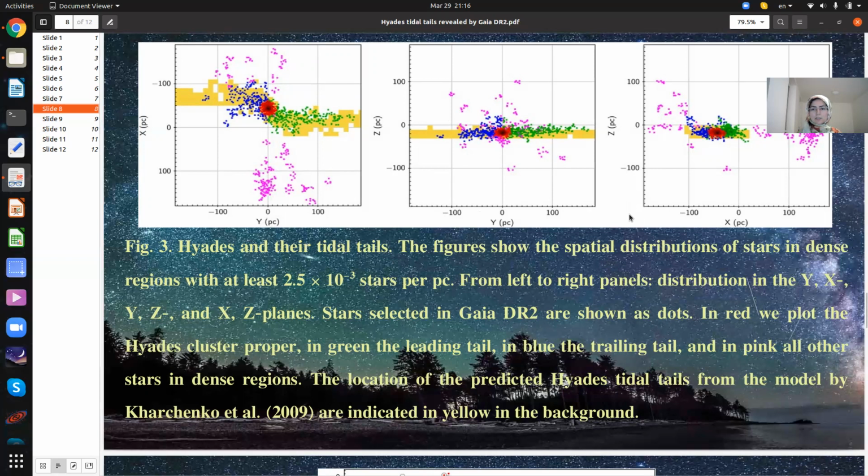Stars selected in Gaia DR2 are shown as dots. In red, they plot the Hyades cluster proper. In green, the leading tail. In blue, the trailing tail. And in pink, all other stars in dense regions. The location of the predicted Hyades tidal tails from the model by Kharchenko et al. are indicated in yellow in the background.